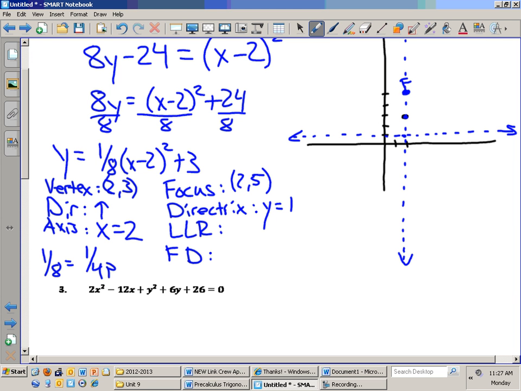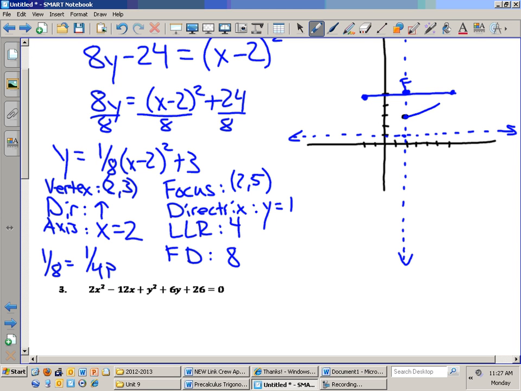Length of the latus rectum: twice the p-value. 4. Focal diameter, twice that. 8. So, if I were to move 4 units to each side of the focus, I would have endpoints of the focal diameter. That is my focal diameter.